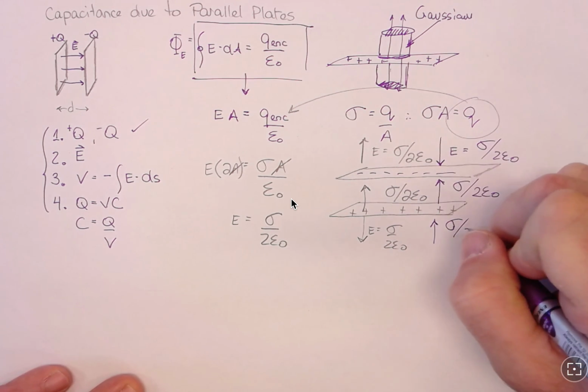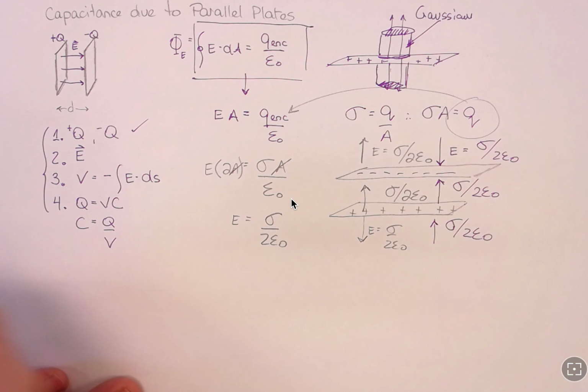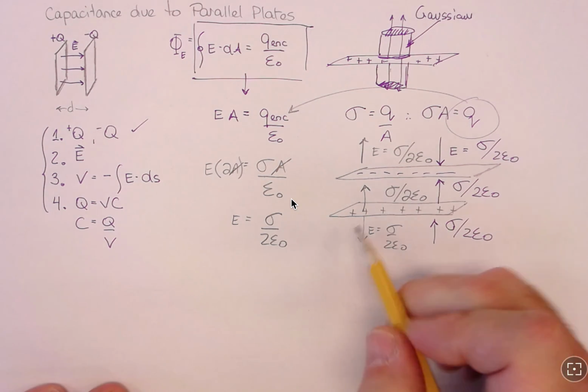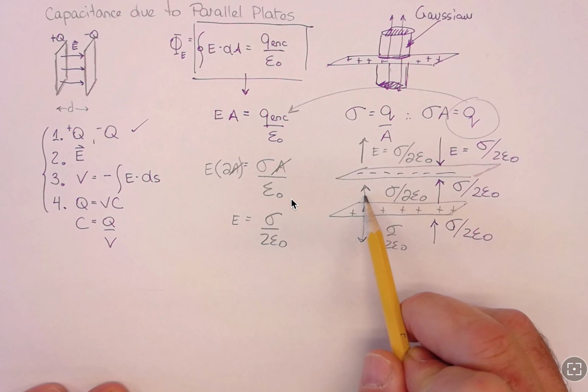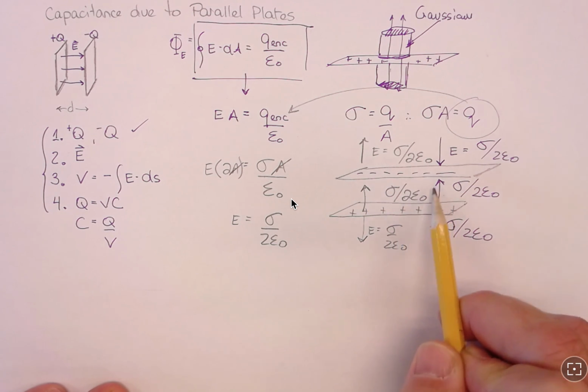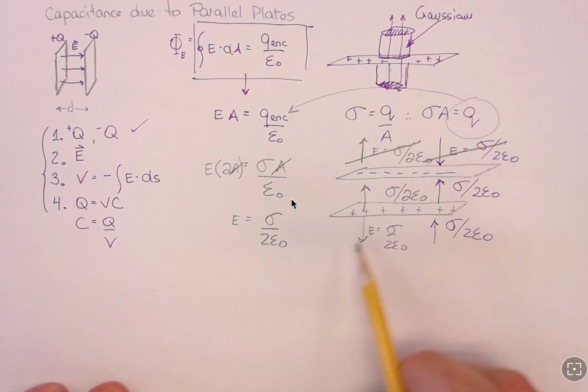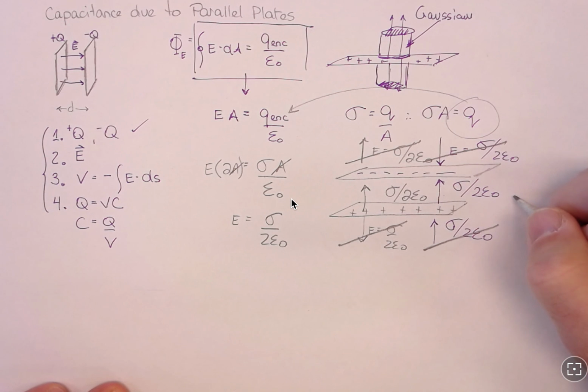The electric field is sigma over 2 epsilon naught. So in between the plates, we have both electric field components going down, and they add, leaving an electric field strength in between the plates of sigma over epsilon naught. Outside of the plates, they cancel out.